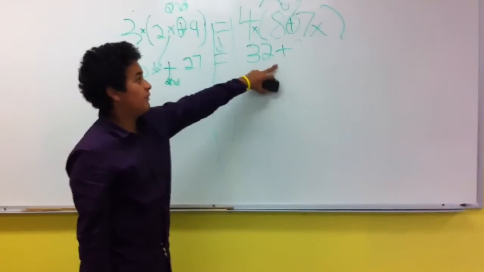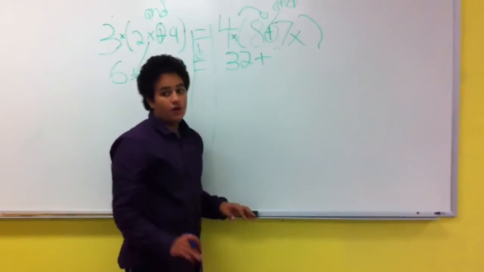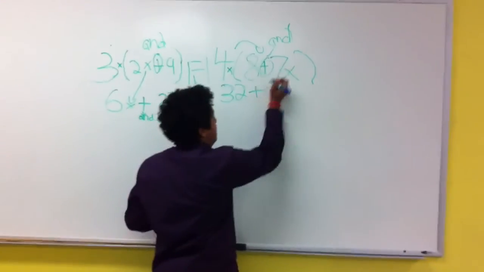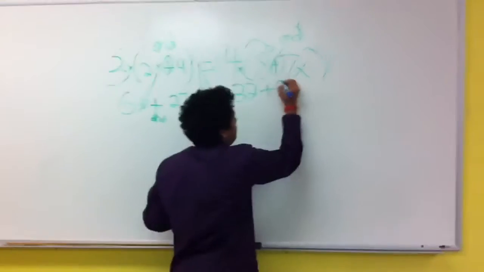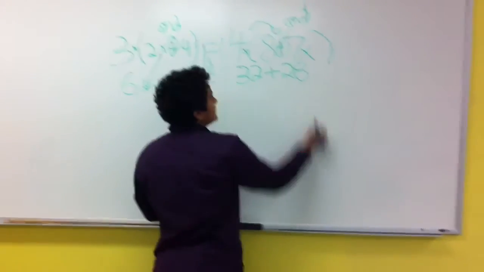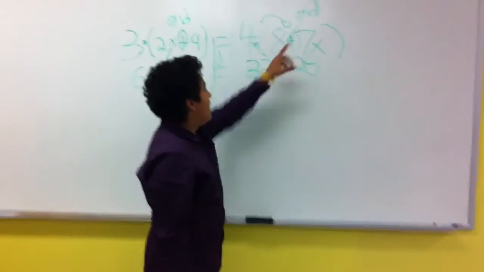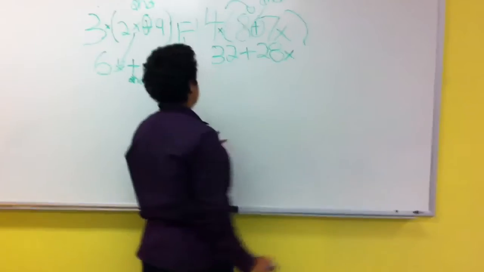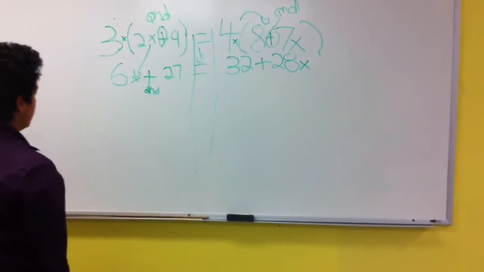Okay, remember, don't worry about that plus. There's not really any addition in this step. And then it's going to be 28. And since we have a 7x here, it's going to be 28x. So you understand that. Okay?